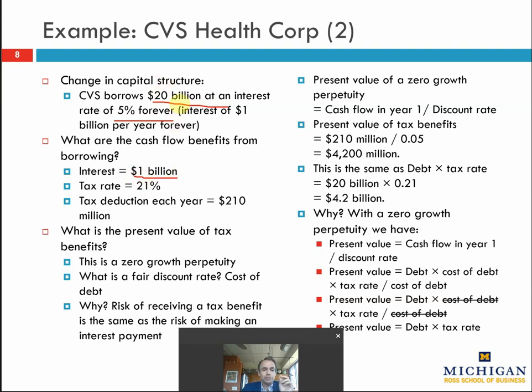That is 5% times $20 billion gives us interest expense of $1 billion. Now that doesn't affect our cash flows, but what we are going to get separately is a tax deduction each year on that interest. If the tax rate's 21% and we incur interest expense of $1 billion, that's going to reduce our tax bill each year by $210 million.